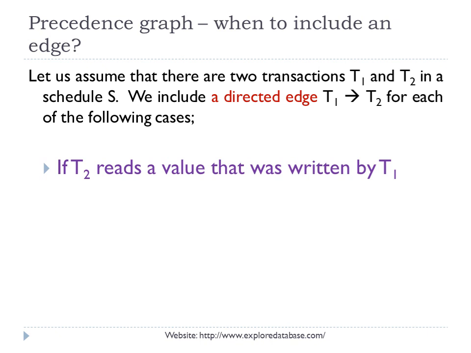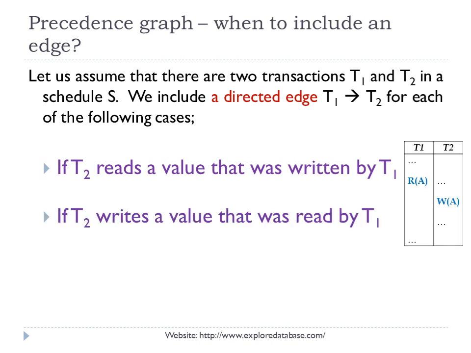The first case, if transaction T2 reads a value that was written by T1, we include directed edge T1 to T2. For example, you see here in this transaction, write A occurs in T1 and read A occurs in T2. These two are conflicting instructions and thus cannot be swapped. Hence, we include an edge from T1 to T2.